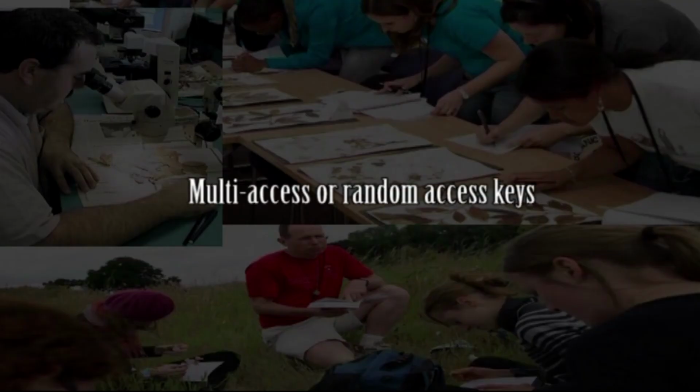Now, we come to the next type: multi-access or random access keys. The multi-access key is an identification key which overcomes the problem of more traditional single access keys of requiring a fixed sequence of identification steps.